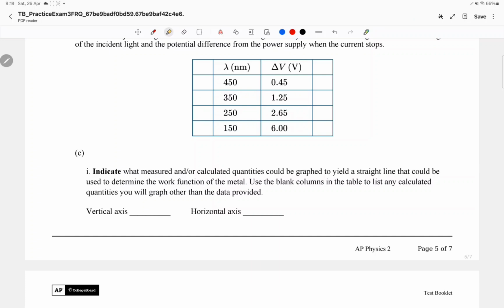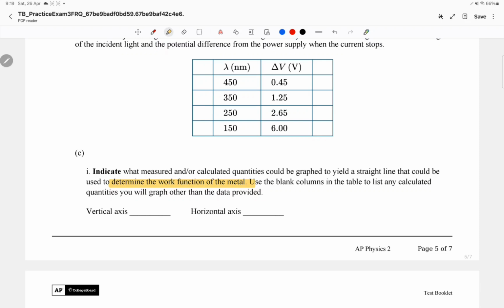So you want to determine the work function, which is the minimum amount of energy required to release an electron. Yeah. And I'm so confused right now.